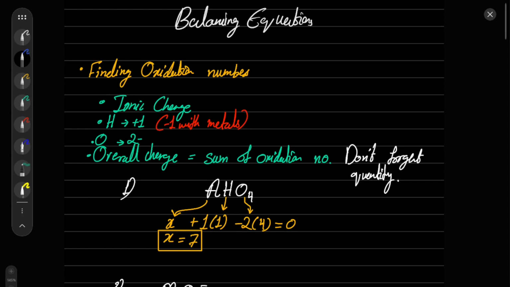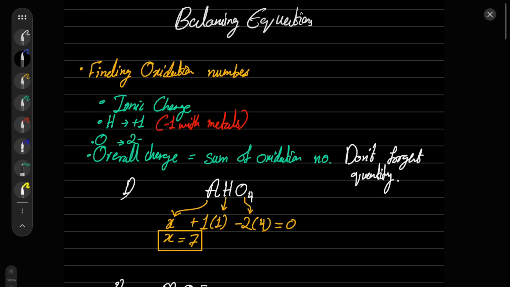Within an ionic substance, or bonded with metals, it will have an oxidation number of -1, while oxygen will have an oxidation number of -2. The overall charge also equals the sum of oxidation numbers.